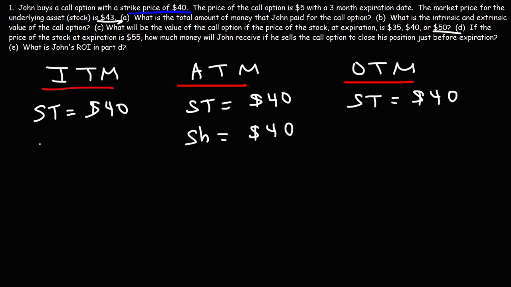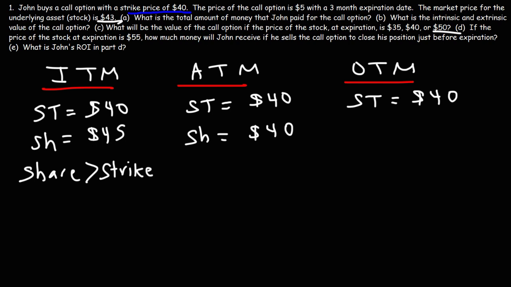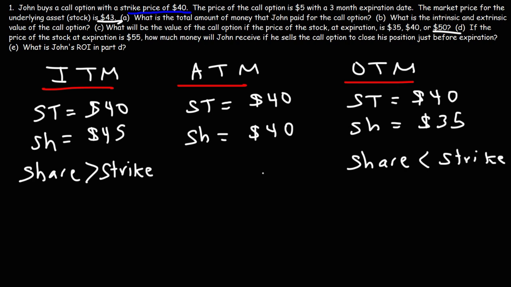It's in the money if the share price is greater than the strike price, let's say 45. Now it's out of the money if the share price is less than the strike price. So that's how you can tell if an option is in the money, at the money, or out of the money.